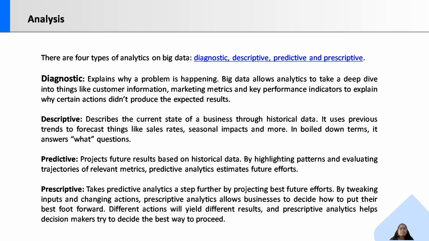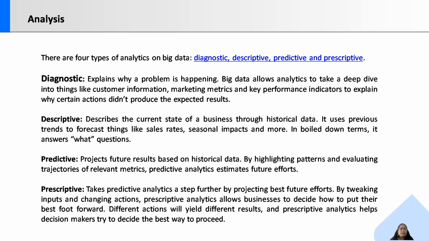Similarly, diagnostic is about why a problem is happening in big data. Whatever is occurring, we have to analyze and take a deep dive into it. Like what the customer information is, what the metrics are, what the key performance indicators are, to explain why certain things happened and why it did not produce the expected result. So it gives a detailed diagnostic report of the data.